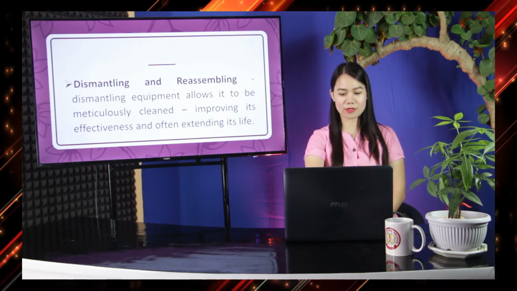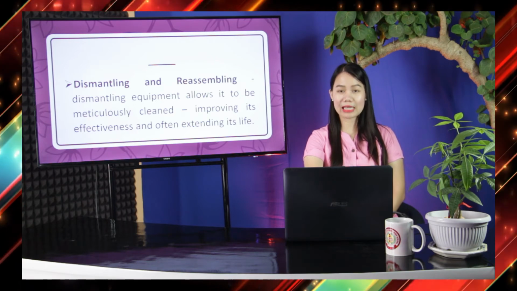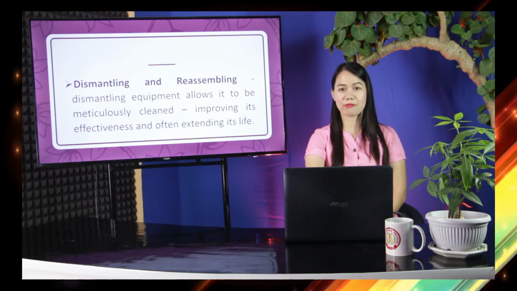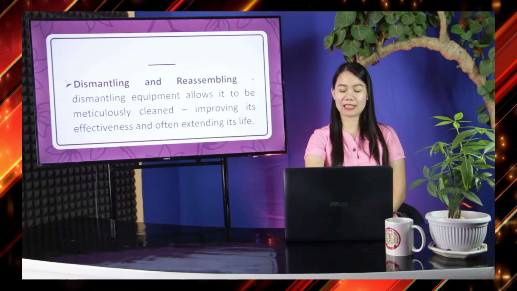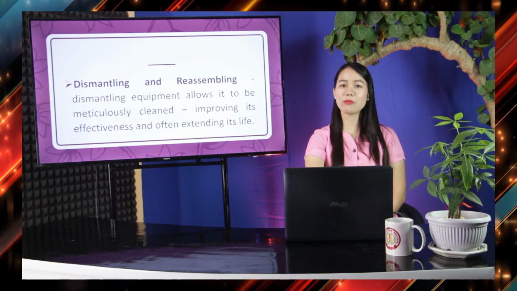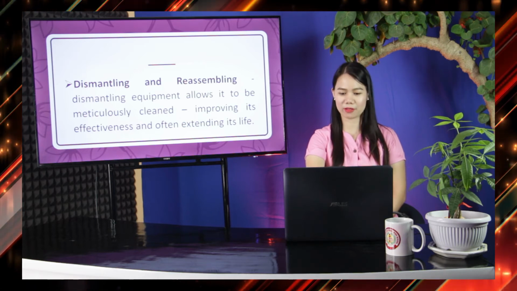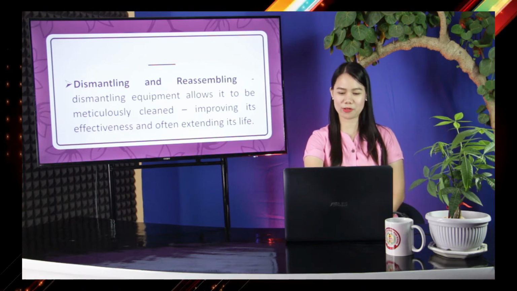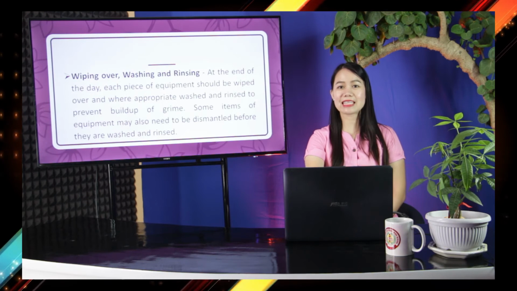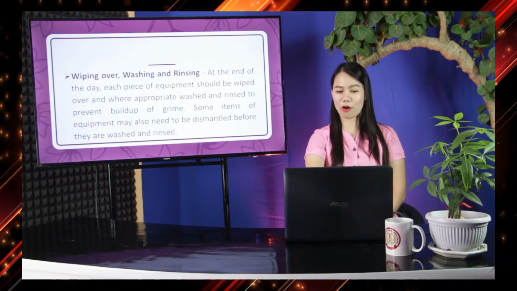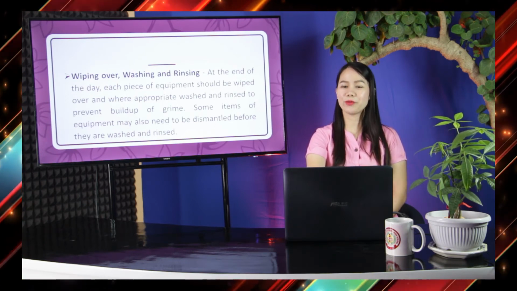Dismantling equipment allows it to be meticulously cleaned, improving its effectiveness and often extending its life. So there are some equipment that need to be dismantled and reassembled if we are going to use it in cleaning. Next is the wiping over, washing, and rinsing.